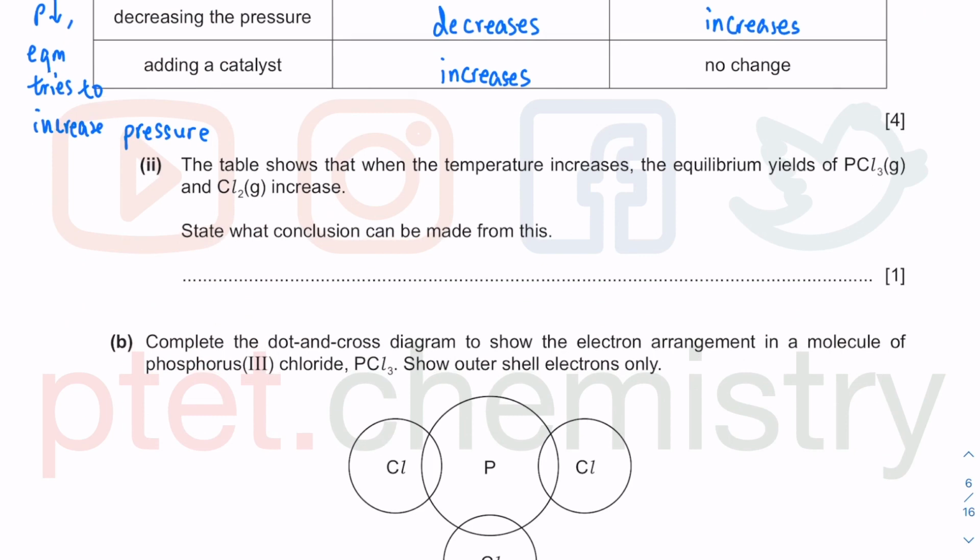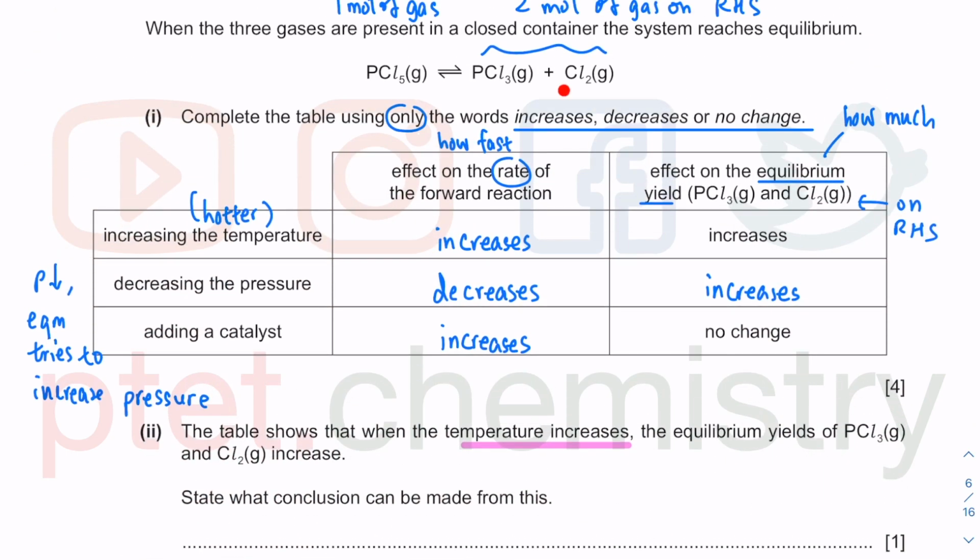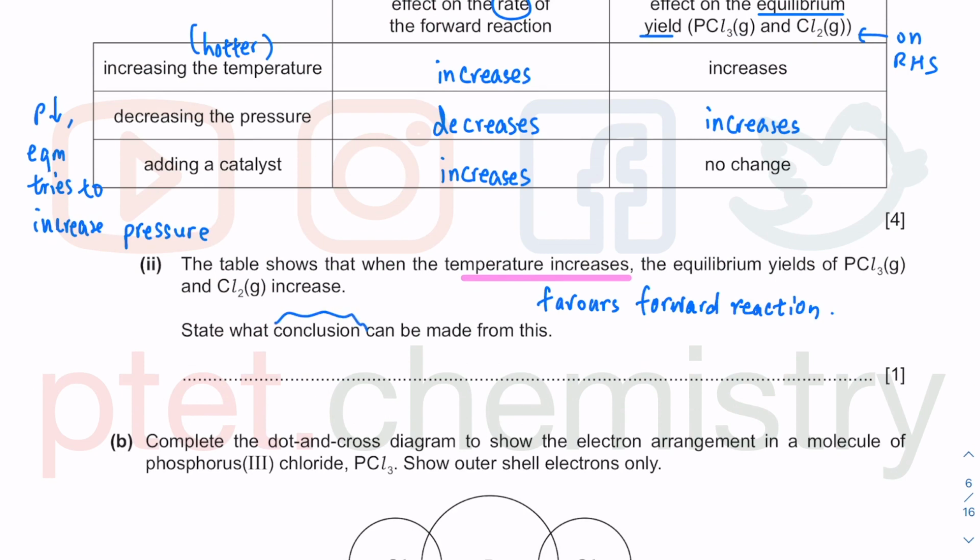Part 2, this table shows that when the temperature increases, then the equilibrium yield of PCO3 and CO2 increases. So this means that when temperature increases, you favor the forward reaction, you favor the equilibrium to the right hand side. So what does this tell you about the conclusion that you can draw from this information? Well, what you can say is that the forward reaction must be endothermic.